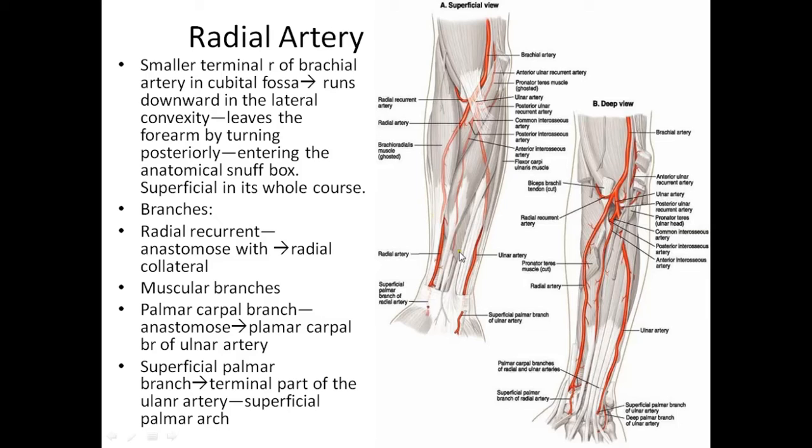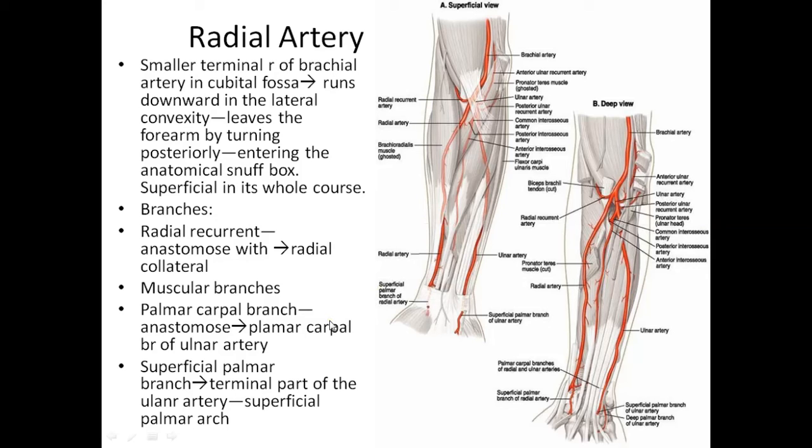The branches that arise in the anterior compartment of the forearm are the radial recurrent branch, and that radial recurrent branch takes part in anastomosis around the elbow with the radial collateral branch. It also gives muscular branches to supply the adjacent muscles.